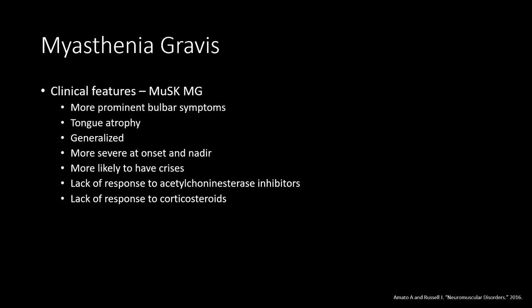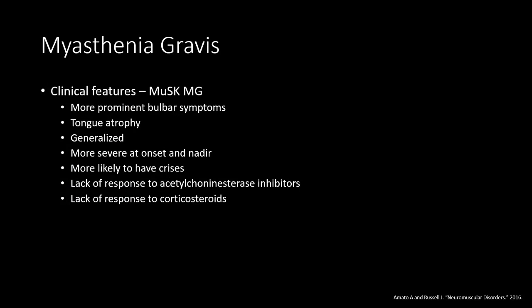These patients are much more likely to have generalized myasthenia as opposed to restricted ocular, and they tend to have more severe disease at onset and at nadir. They're more likely to have crises, and so you may want to think about testing for this initially if a patient is presenting for the first time with pretty severe weakness.